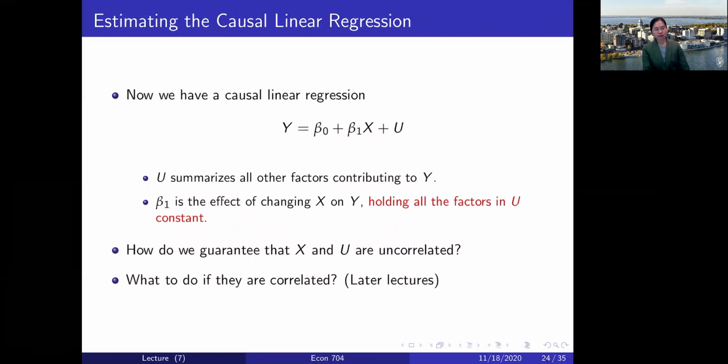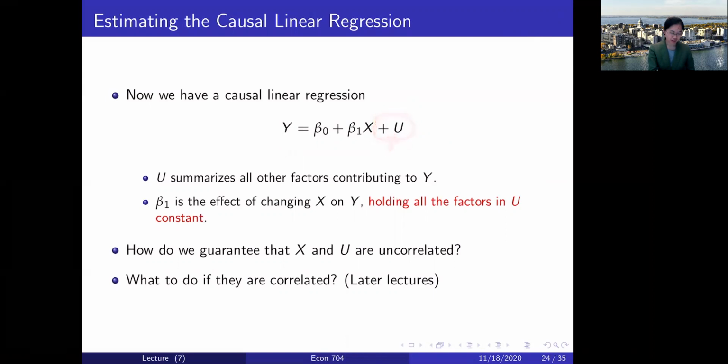Now let's go back to the general notation for a simple causal regression with just one causal variable, y equals beta 0 plus beta 1 x plus u. If you have set up the causal linear regression from the structural model, then the u will have meaning that's given by your structural model. In the demand case, the u would capture all the demand shifters.